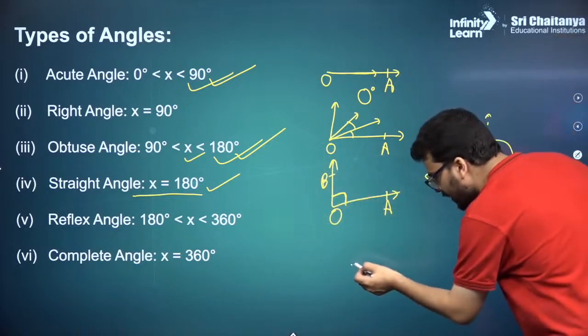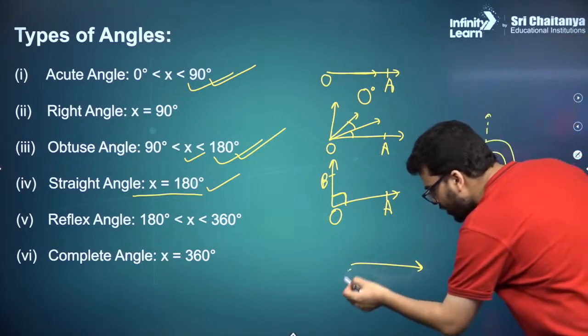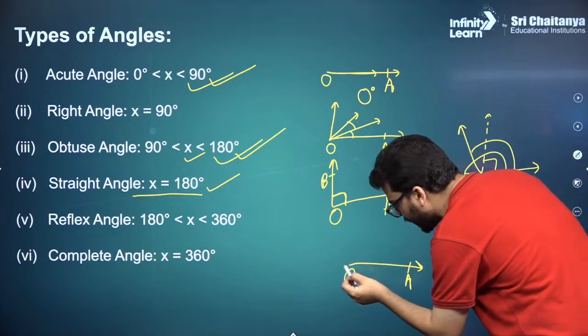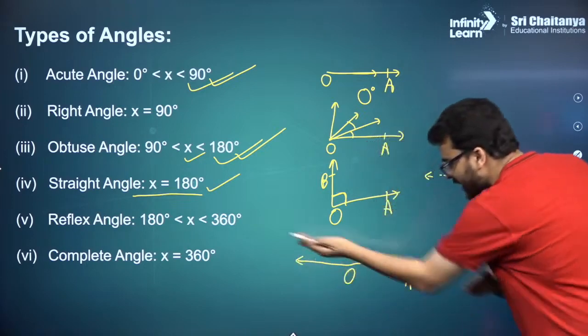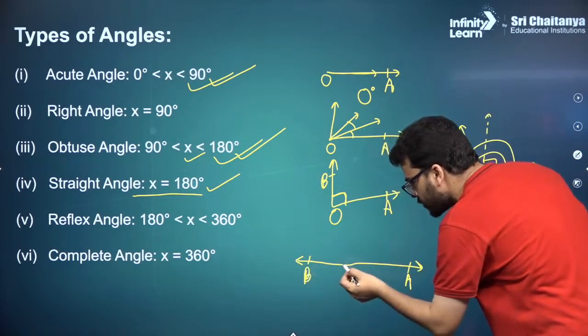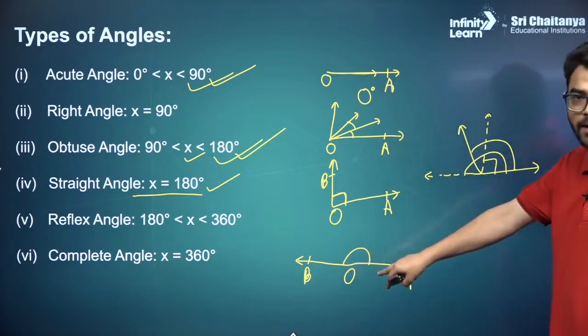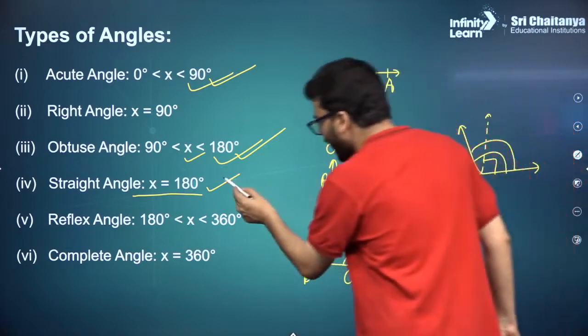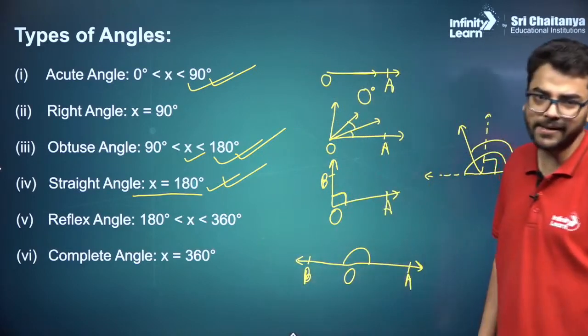Straight angle means you have got this initial ray and the other ray is exactly opposite to it. So this angle is called a straight angle, and this is equal to 180 degrees.